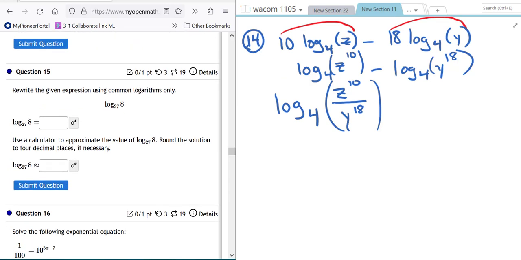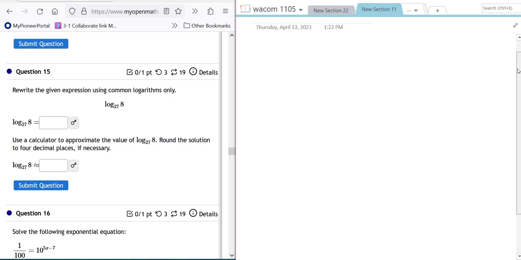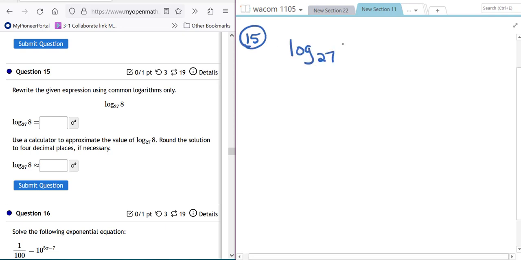Problem 15 is a change of base question. So the log base 27 of 8, and I taught you guys to do it. You have to watch these because whichever one it says to use, it will say natural log or common log.